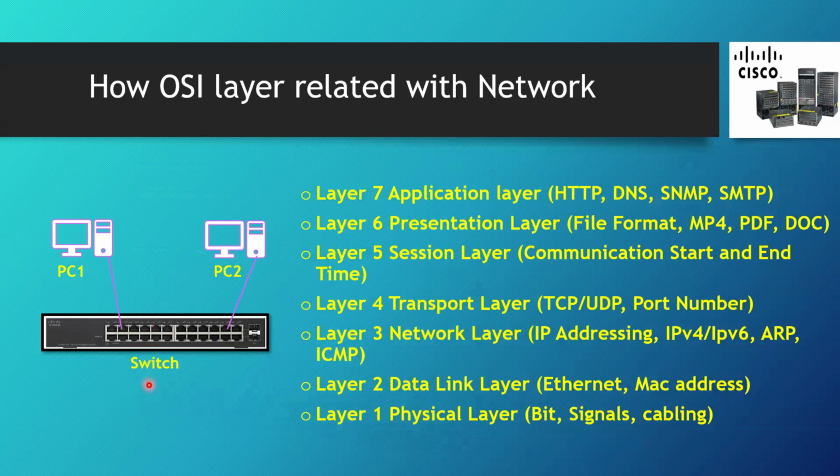Now, they are very important. For example, if you'd like to build a new network, you can follow this networking model. You must have the physical layer, then you must have the data link layer. Physical layer means all the cabling needs to be done. Data link layer means you need to ensure that the right cable is connected.